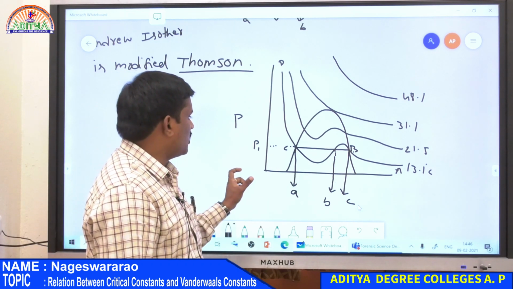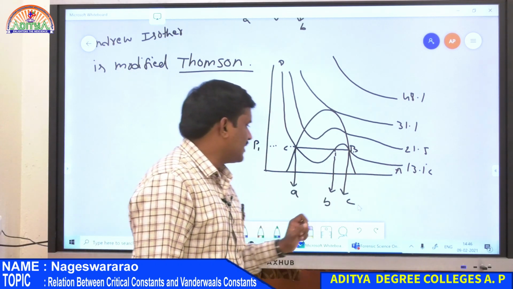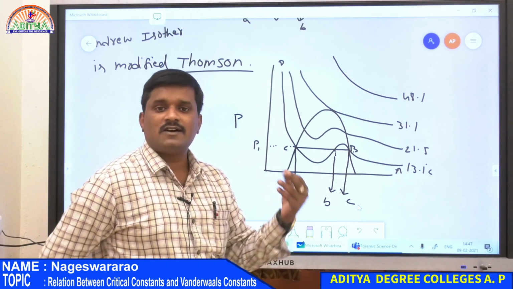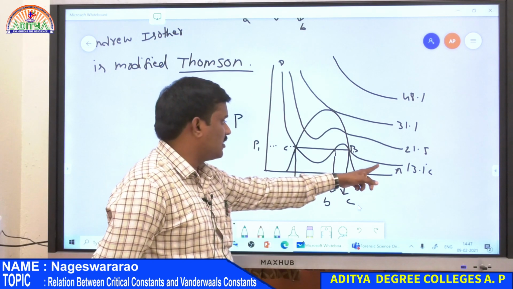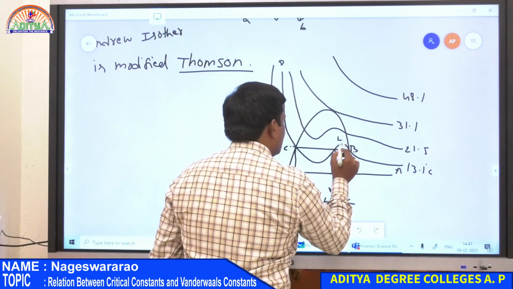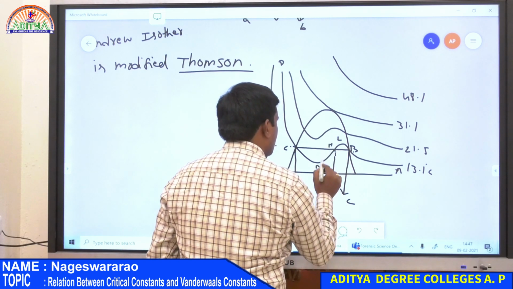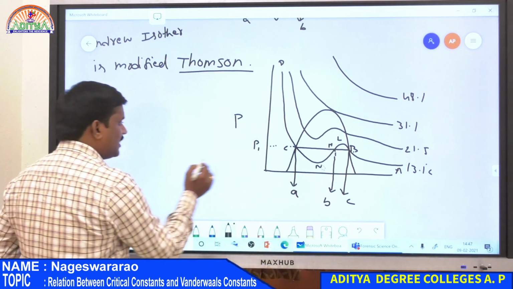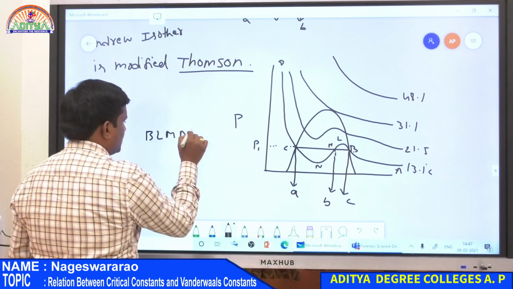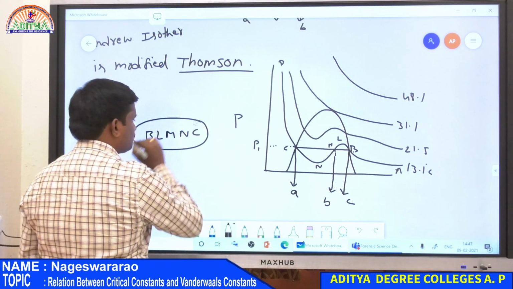For a CO2 molecule at 13.1 degrees centigrade, at a given pressure P1, we have three values of volume, that is denoted by curve A, B, C, D, but here look at the names L, M, N and C. Therefore in that graph B, L, M, N, C, so this is the curve.